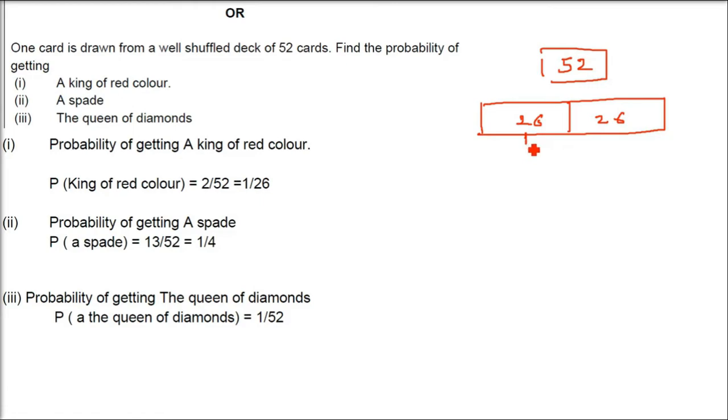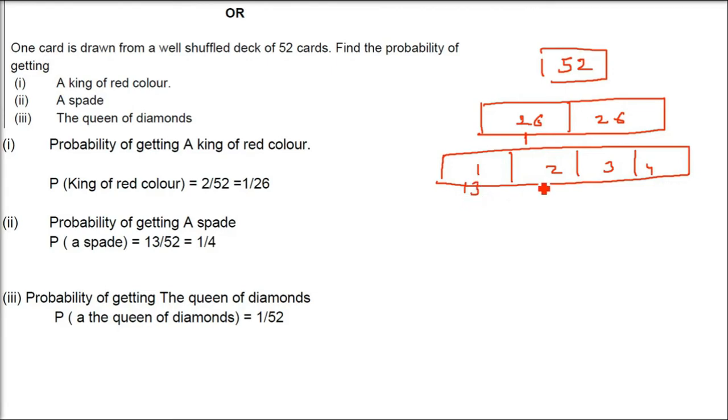And these 52 are divided into 4 different decks, so 13, 13, 13, 13. That is 4 suits are there. Every suit has its own queen, its own king, like this: queen, king, ace, or joker.